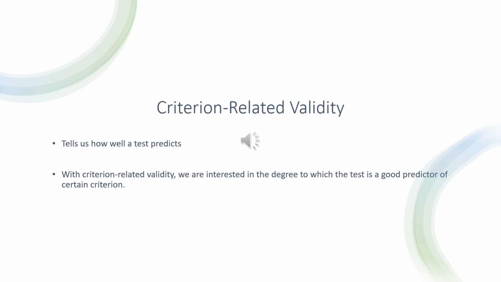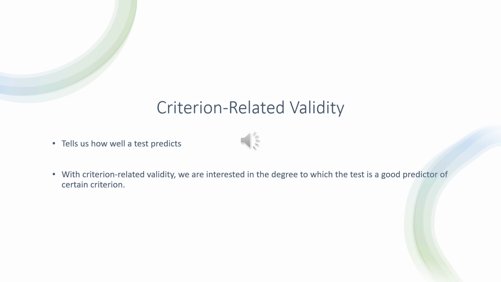So, with criterion-related validity, we are interested in the degree to which the test is a good predictor of a certain criterion. So, for example, a test might be used to predict which engaged couples will have successful marriages and which will get divorced. So the test essentially stands in for the measure we're interested in, and that measure is future marital happiness.